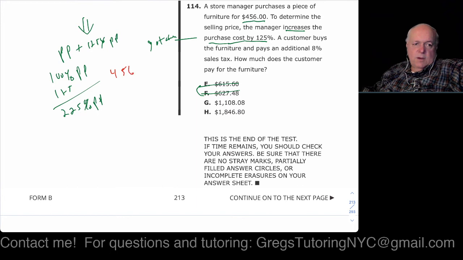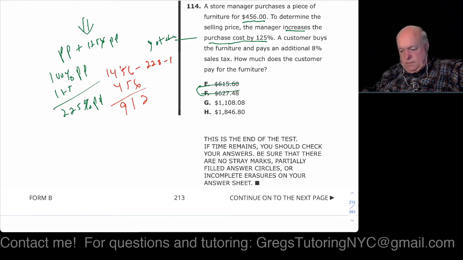And if I want to, I can actually add it and do the doubling, getting 912. I can also take the 25%. I'm going to divide it by 2. So I'm going to get 228. Divide by 2 again. And I get 114.